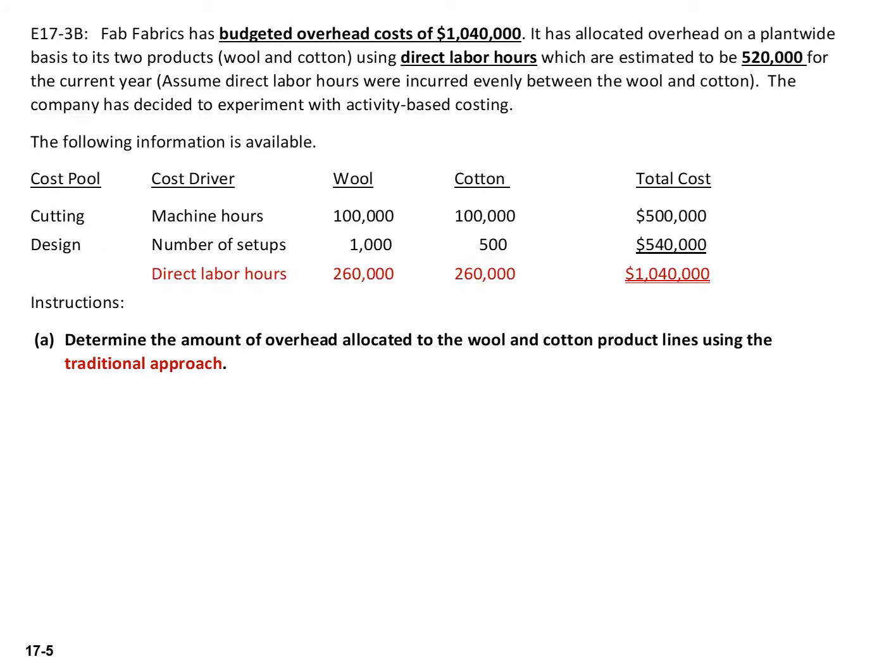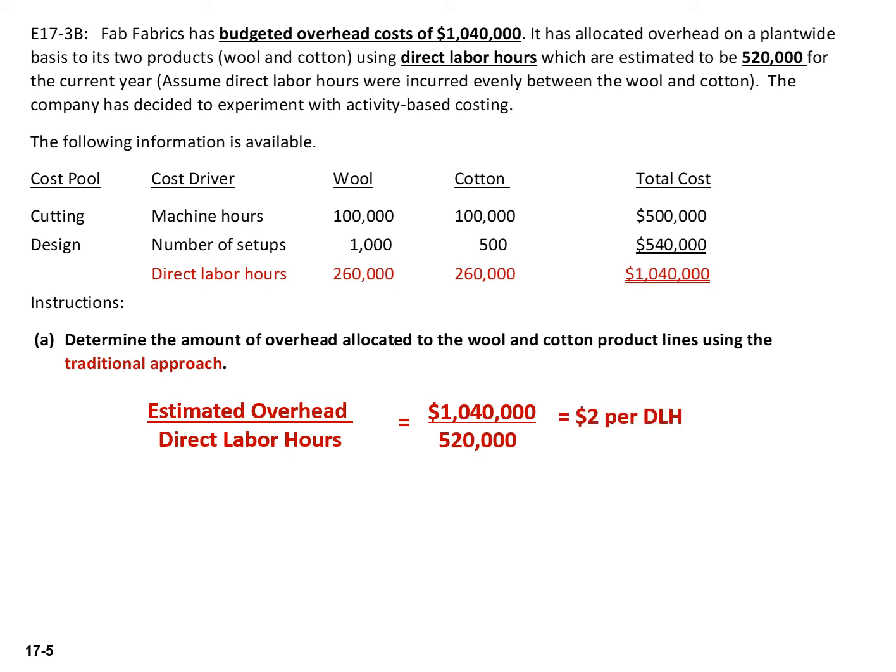All right, we're going to do a similar exercise for 17.3. Let's start by looking at the traditional approach. We know that our estimated manufacturing overhead is $1,040,000. We also know that our direct labor hours are 520,000, which means our predetermined overhead rate is $2 per direct labor hour.